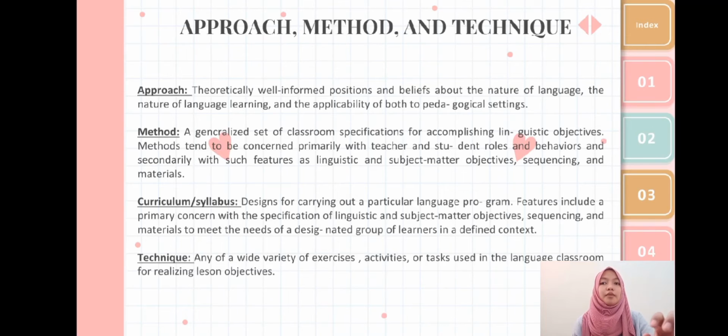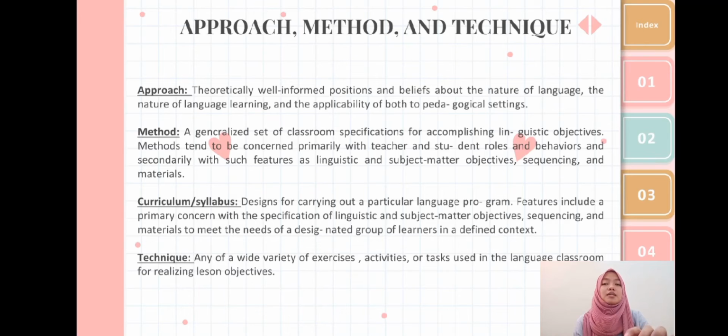In linguistic objectives, I think methods tend to be concerned primarily with the teacher and student roles and behavior, and secondarily with such features as linguistic and subject matter objectives, sequence, and materials.